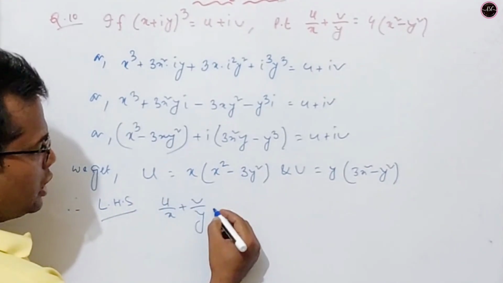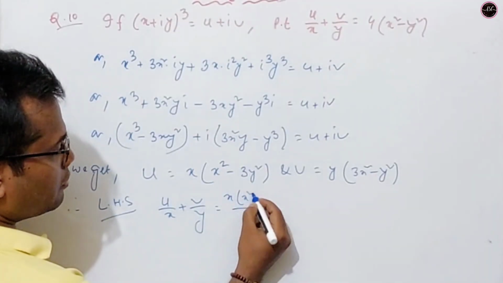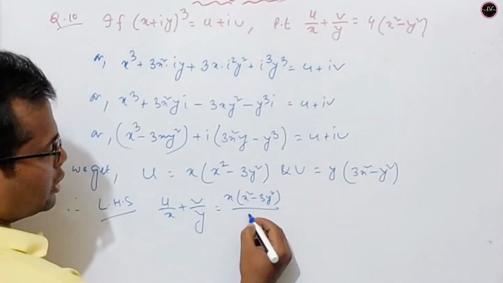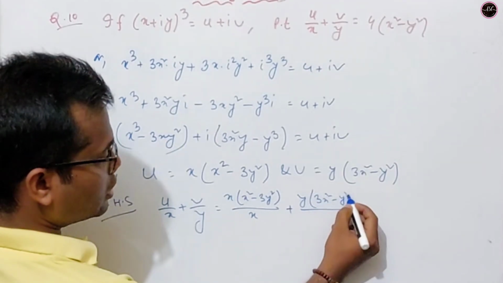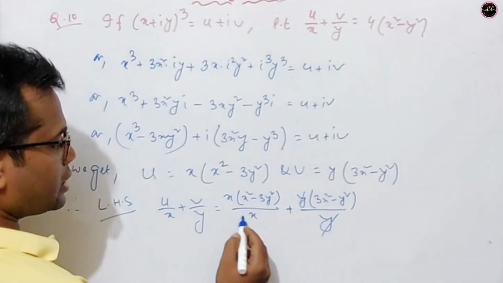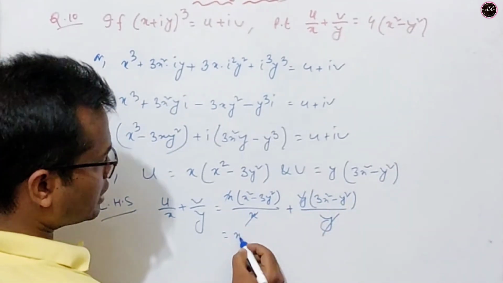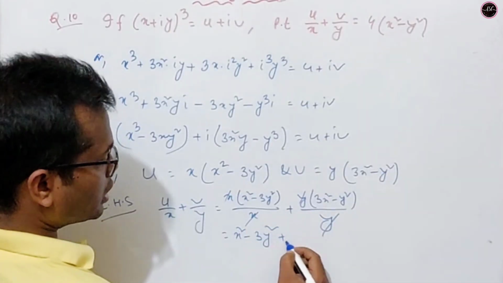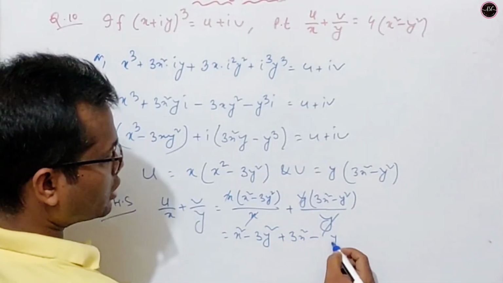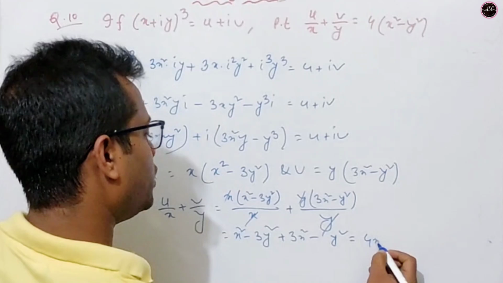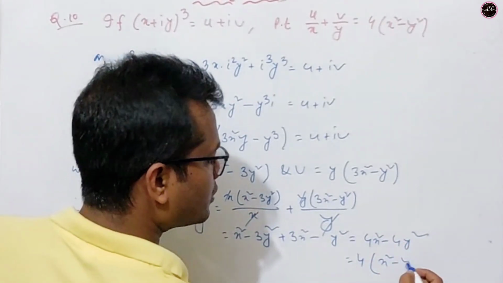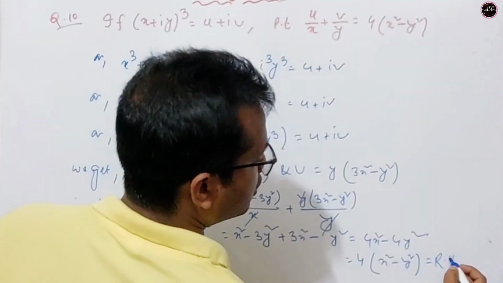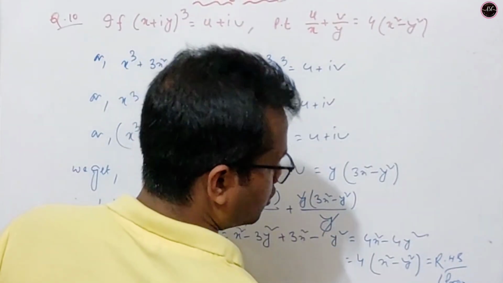Just putting this value, we get x into x square minus 3y square divided by x plus y into 3x square minus y square divided by y. By cancelling this x and y, we get x square minus 3y square plus 3x square minus y square equal to 4x square minus 4y square. If we take 4 common, 4 into x square minus y square equal to RHS. Proved.